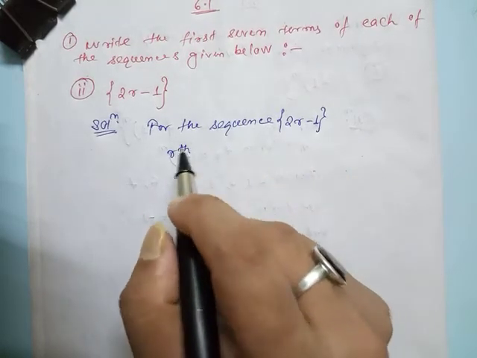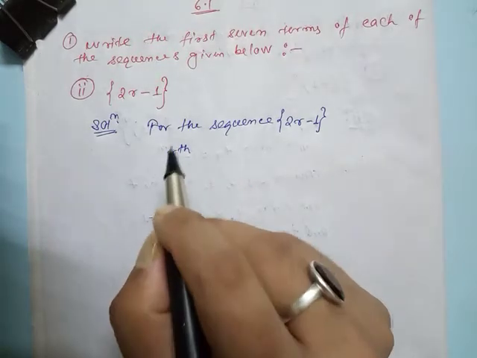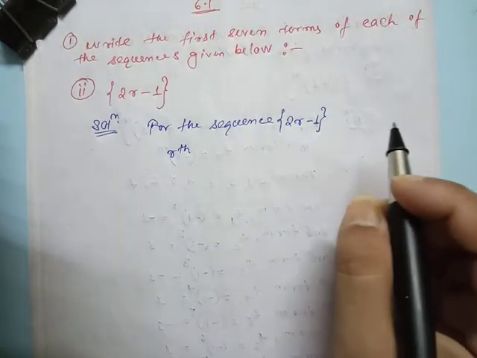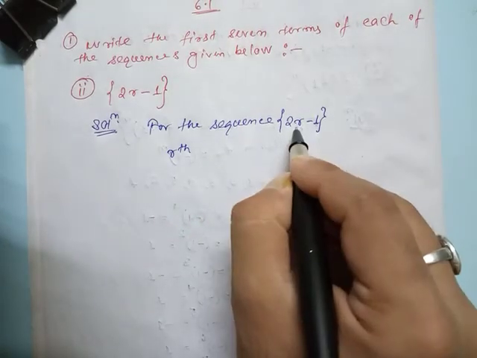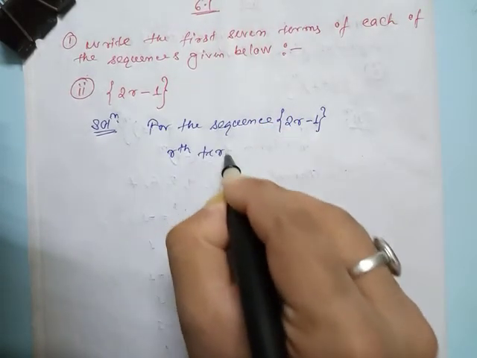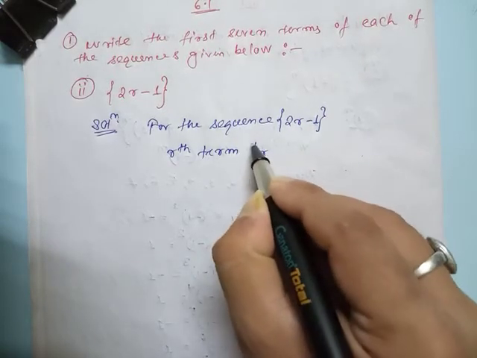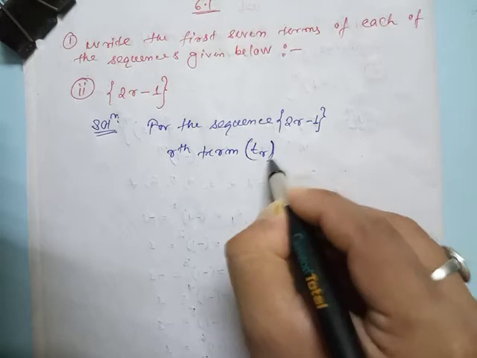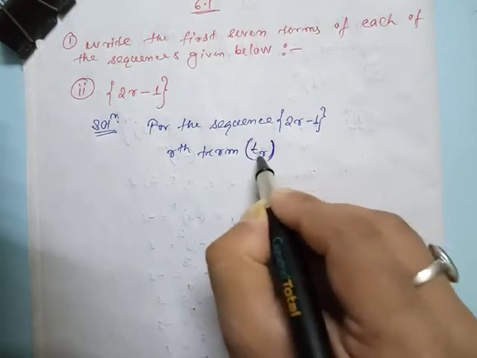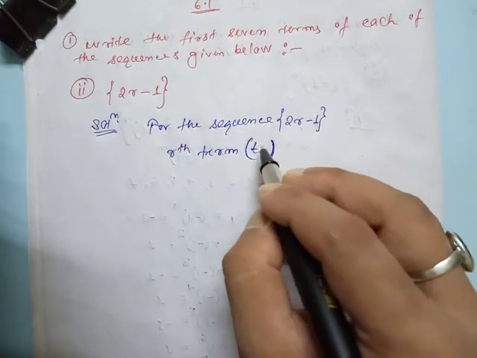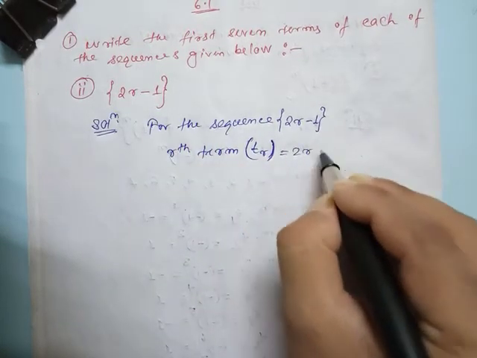In the first question the value given was n, that's why I wrote the nth term, and here it is given the rth term because 2r is there. Then tr. In the first question it was given n, that's why I wrote tn, and here it is given 2r, that's why I have written tr equal to 2r minus 1.